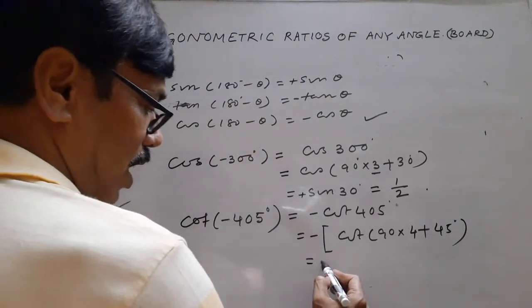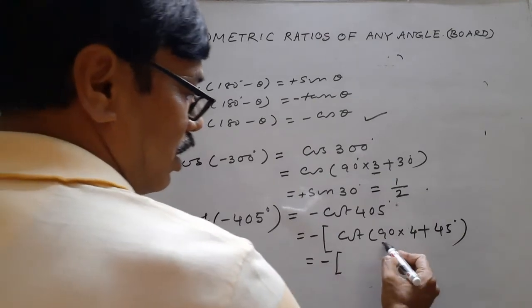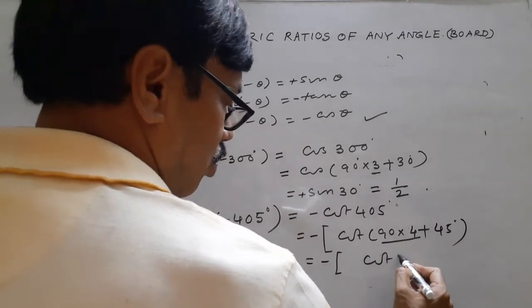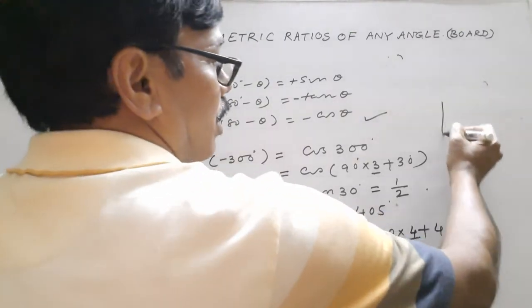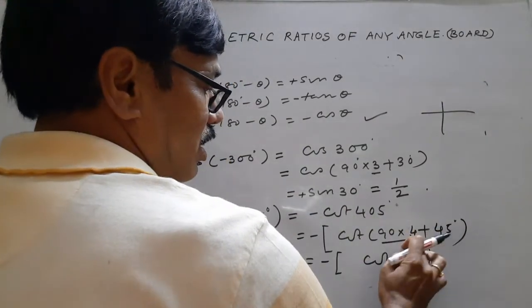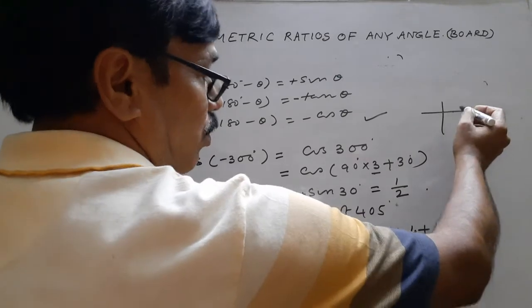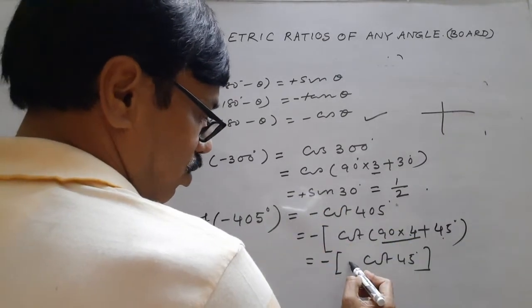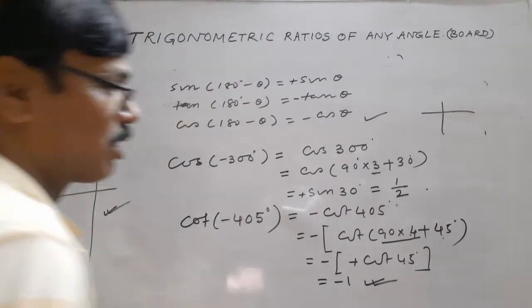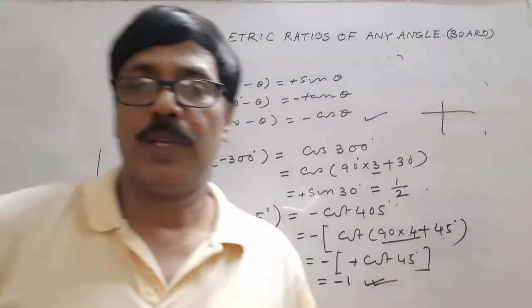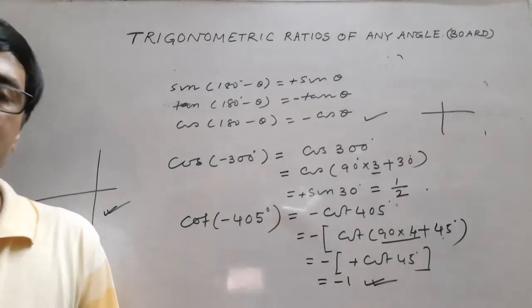So minus outside, it is an even multiple, so cot 45. Now 405 is 4 plus theta, in the fifth quadrant. Fifth quadrant means first quadrant, so it is positive. So the value is minus 1.